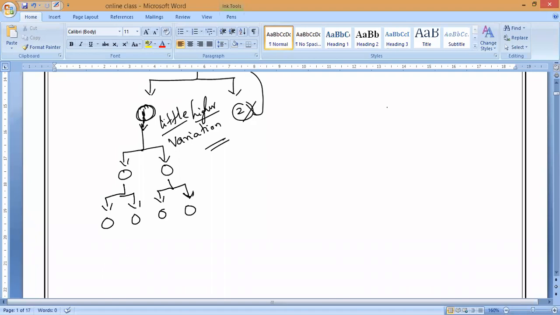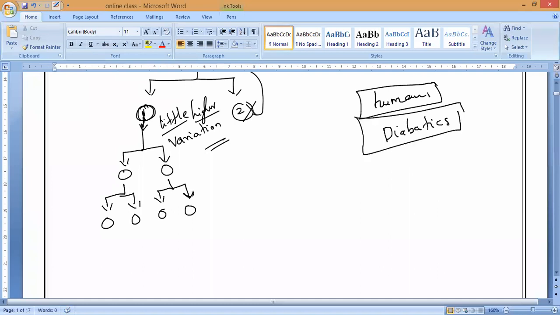It means that at a certain stage, if some variation takes place in a particular generation, you can take humans as an example. Suppose your grandparents, their parents, and their parents did not have diabetes. Now diabetes is starting majorly in these generations because of our food habits and all.